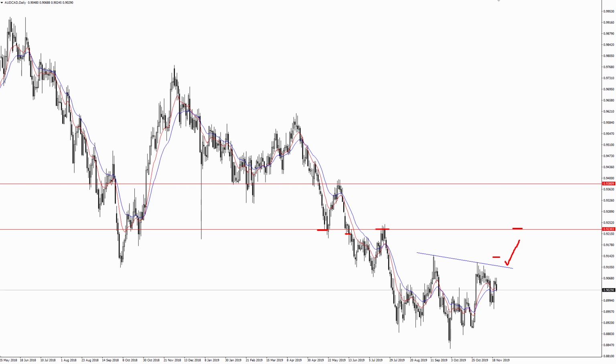Now, given the height of this pattern, which is about 300 pips, if we see a break above this neckline, it would put the measured objective somewhere up around 93.80. So notice how we have these highs through this area, and we also have several lows around 93.80. But again, it's going to take a daily close above this neckline in order to expose 92.30 and possibly 93.80.